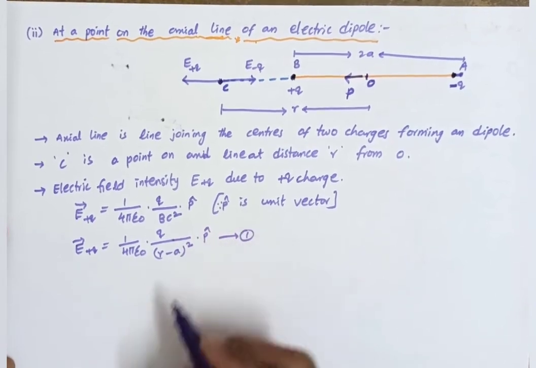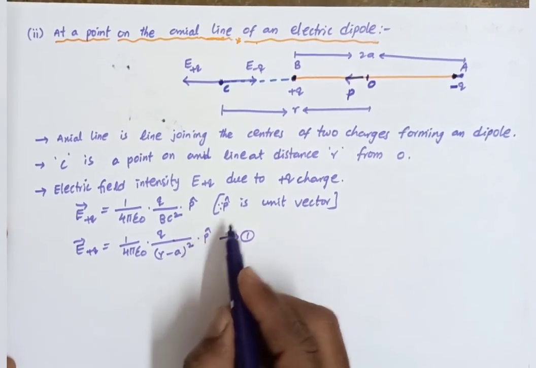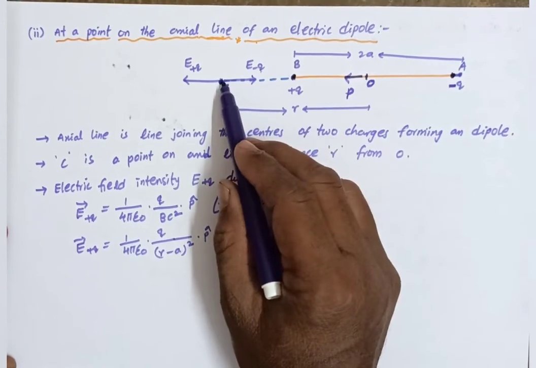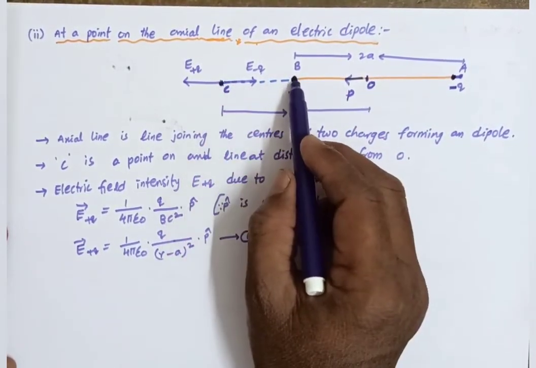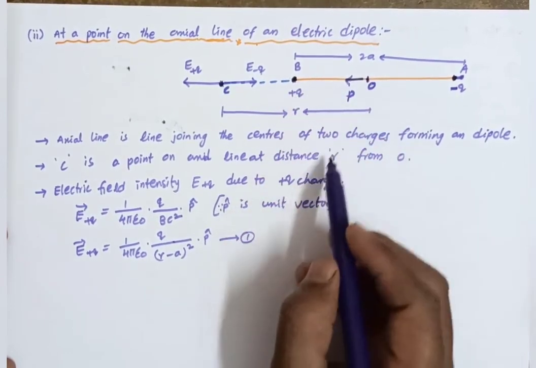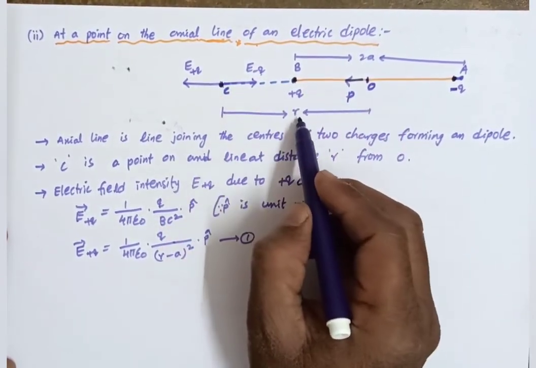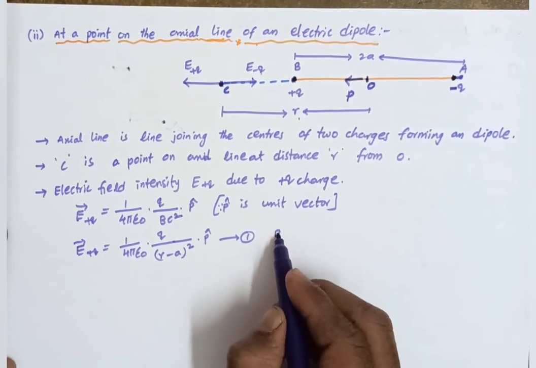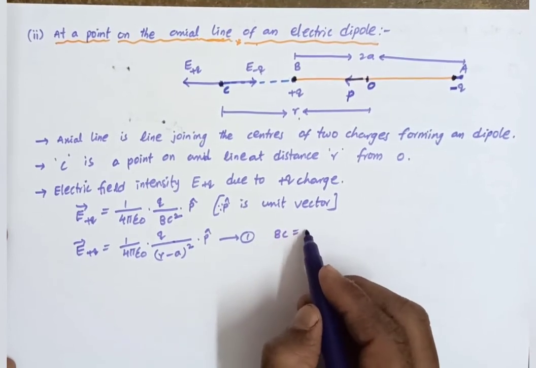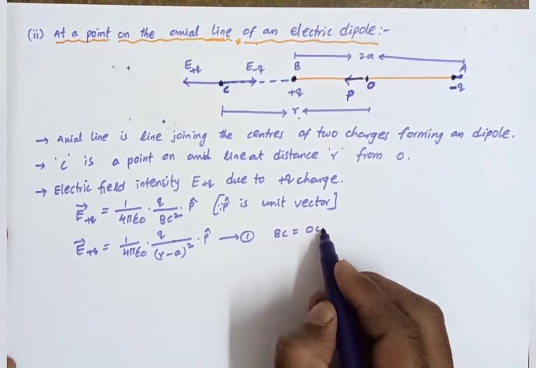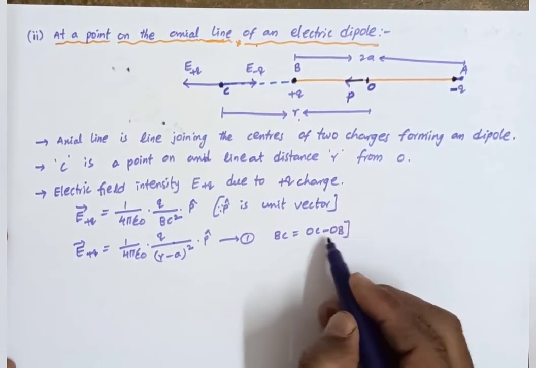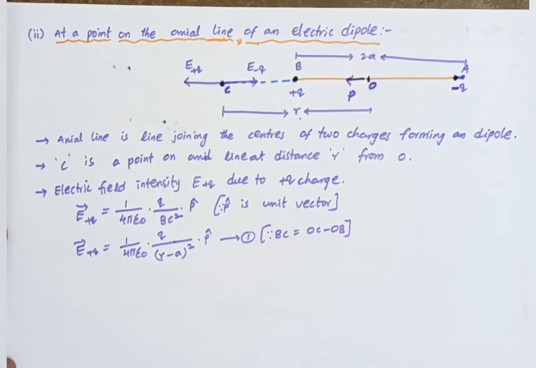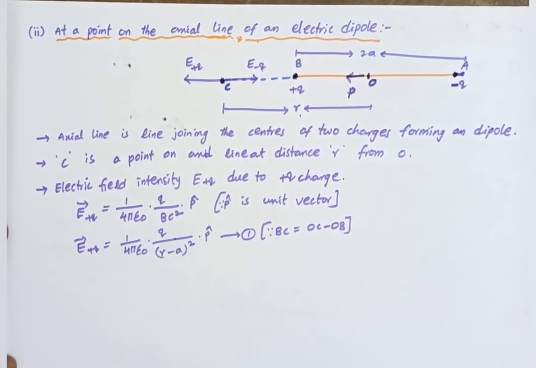This is equation number 1. Here BC equals OC minus OB, and OC is R.